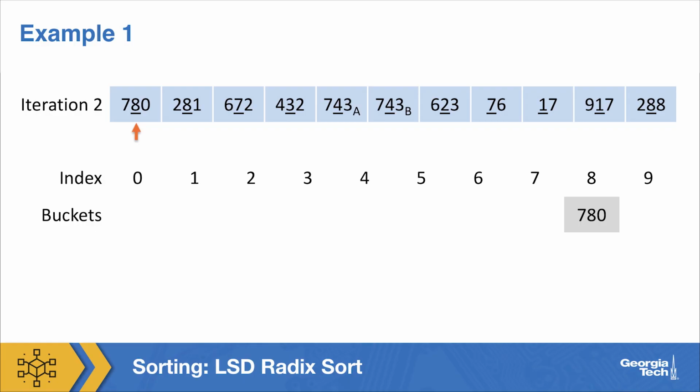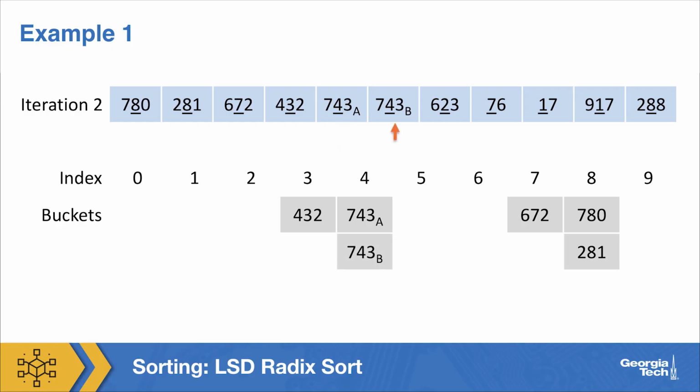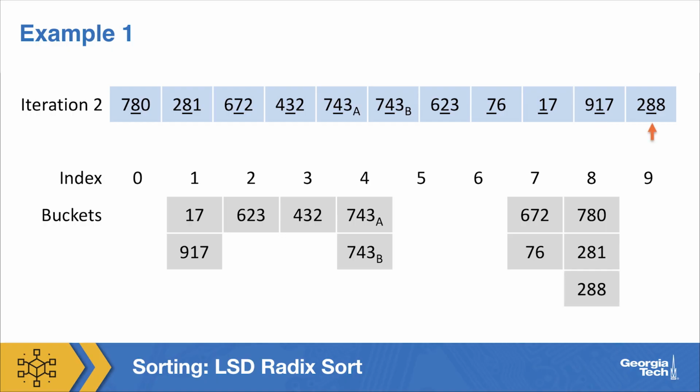Looking at the tens place, we will place 780 in the 8 bucket, 281 in the 8 bucket, 672 in the 7 bucket, 432 in the 3 bucket, 743 in the 4 bucket, 743 in the 4 bucket, 623 in the 2 bucket, 76 in the 7 bucket, 17 in the 1 bucket, 917 in the 1 bucket, and 288 in the 8 bucket.